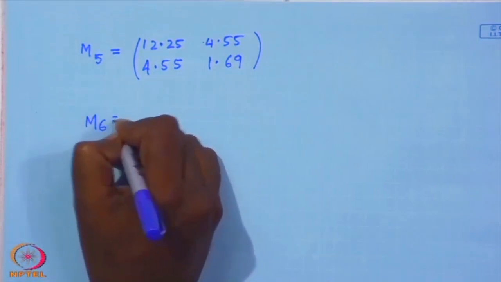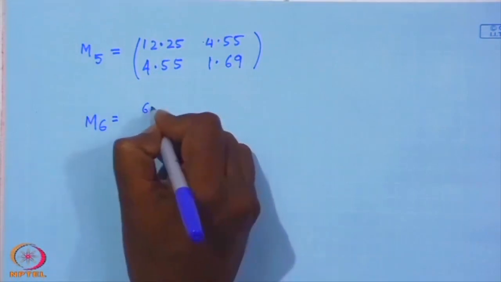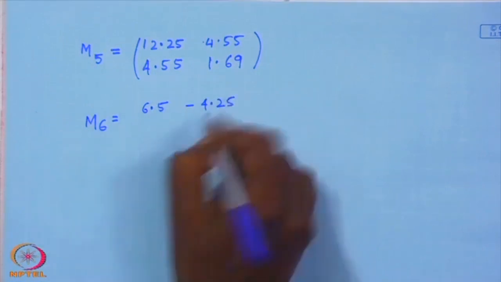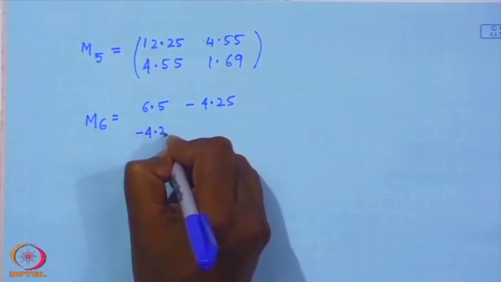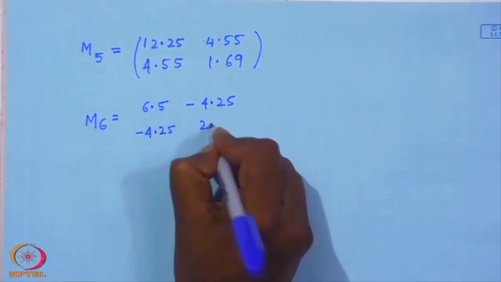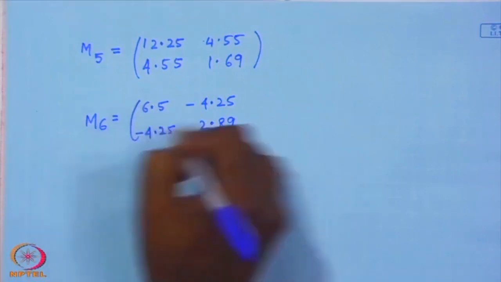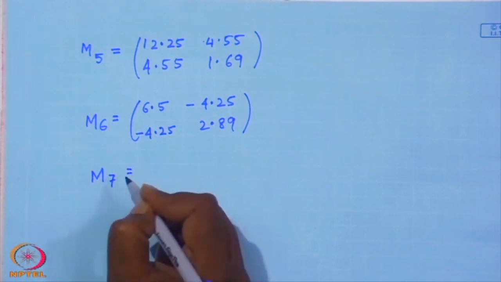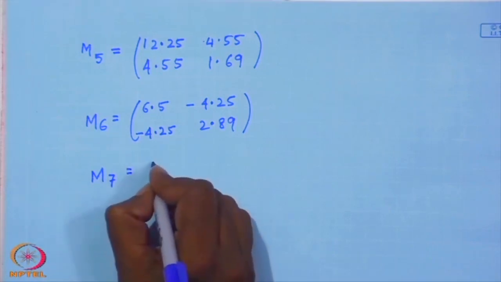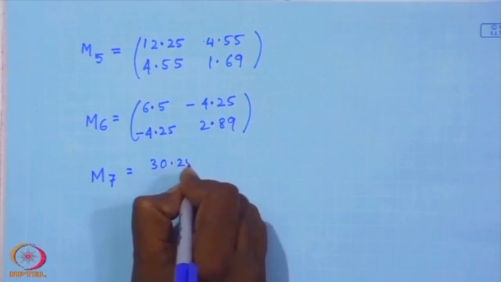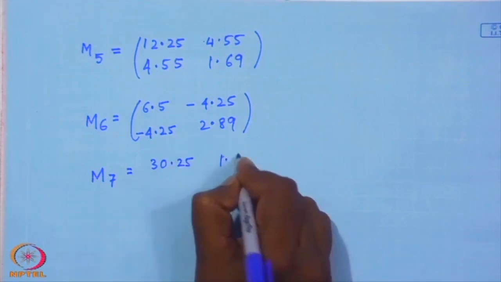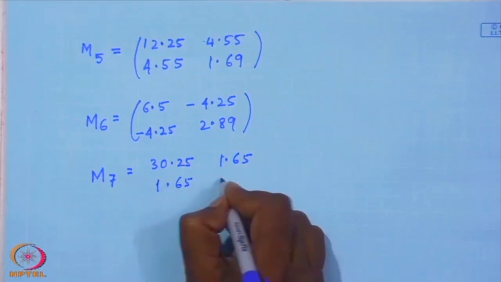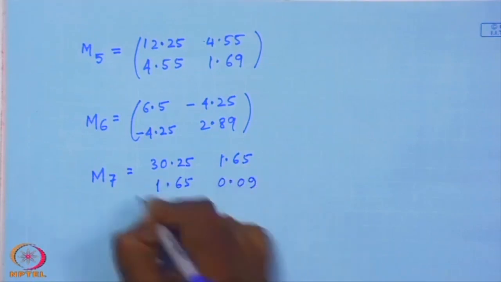The sixth matrix M6 will be 6.5 minus 4.25, minus 4.25, 2.89. M7, the seventh matrix, will be 30.25, 1.65, 1.65, 0.09.